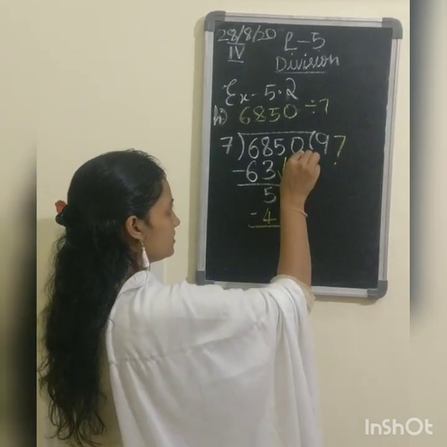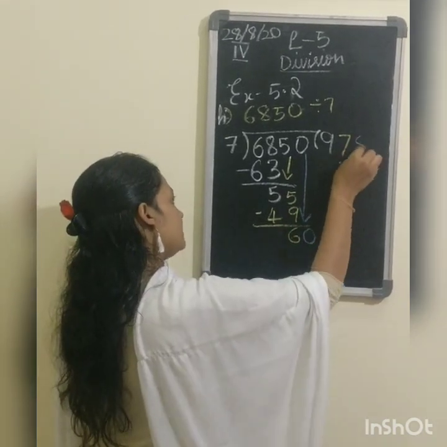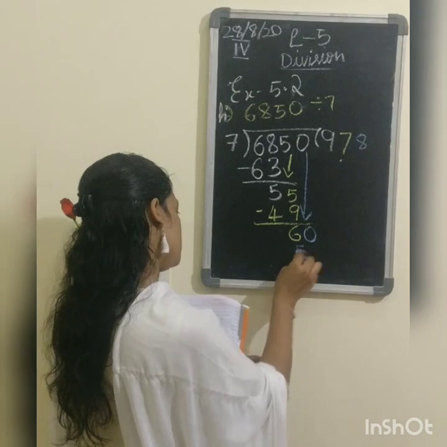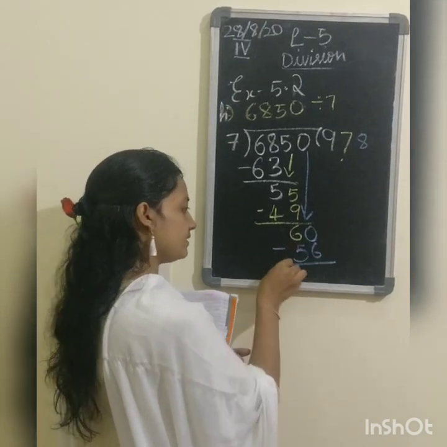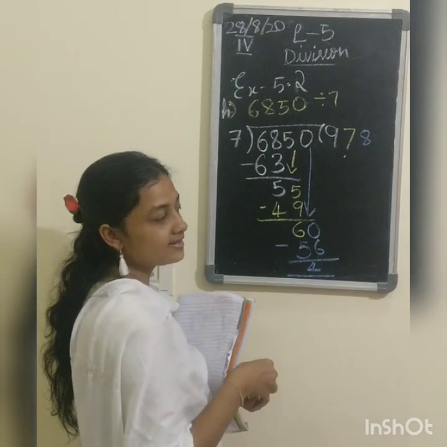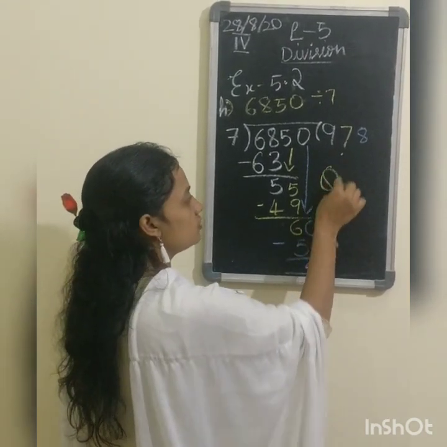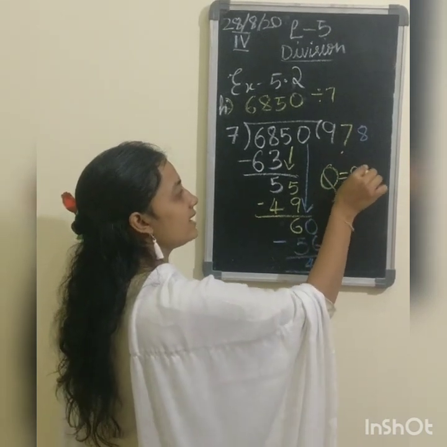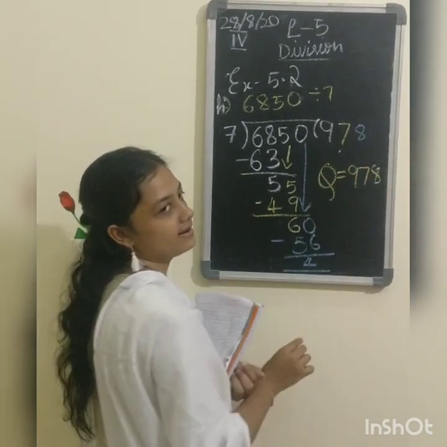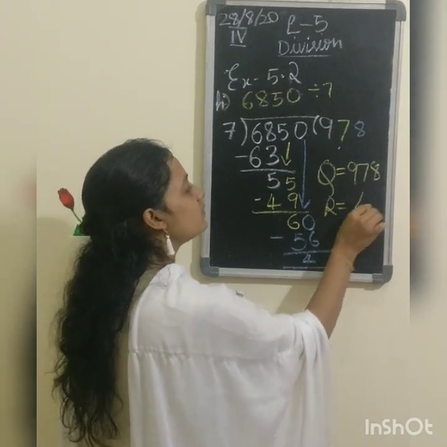Bring down the next number 0. And 7 8s are is 56. And I subtract and get 4. The quotient is equal to 978. 978. And remainder is 4.